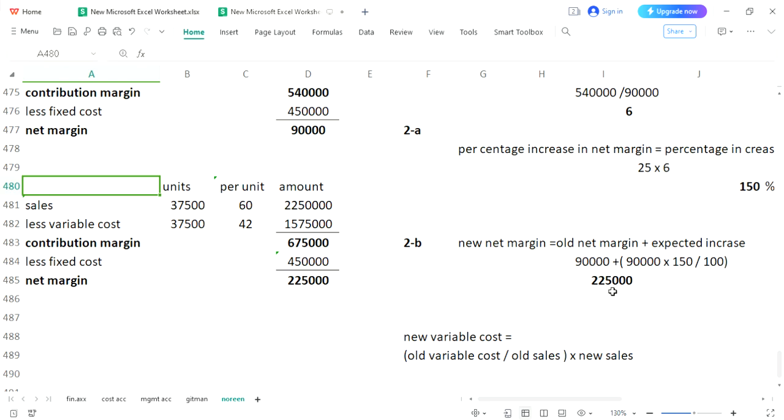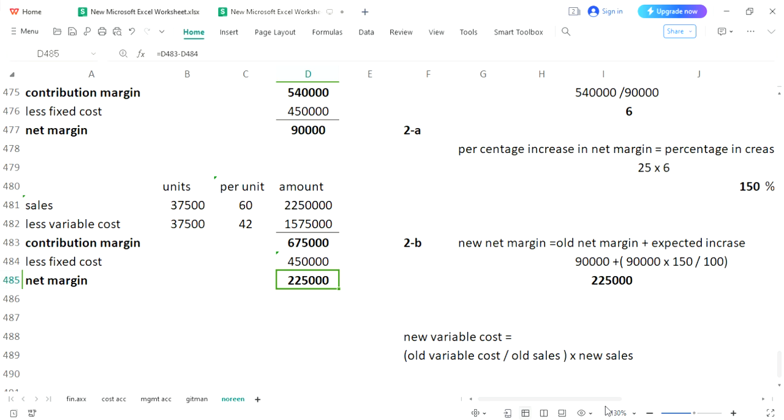Not even 4 lines, just 3 lines you have used, and you have completed your income statement by sales, variable cost, and fixed cost. That's all. But as a manager, we can still avoid making even these short income statements by using the single line formula which we have written over here, with which you can calculate your new net margin without spending time making income statements.